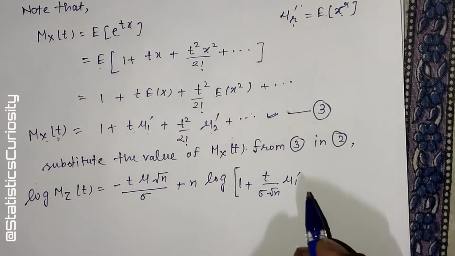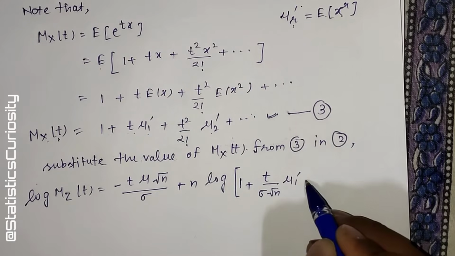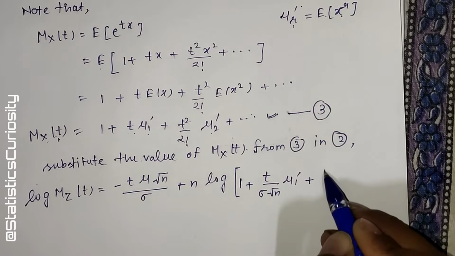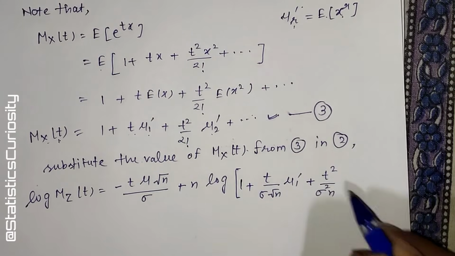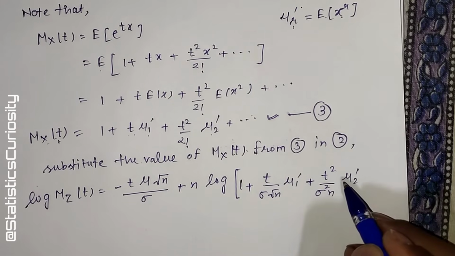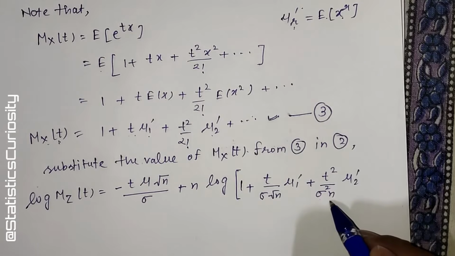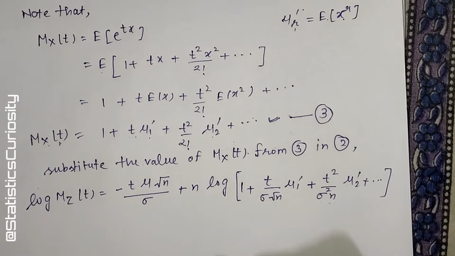Now what we will get: 1 plus t divided by sigma under root n mu 1 dash plus t square divided by sigma square n mu 2 dash, and so on.